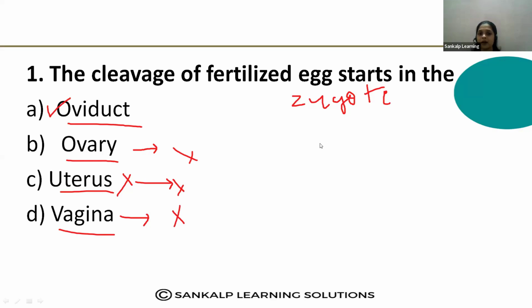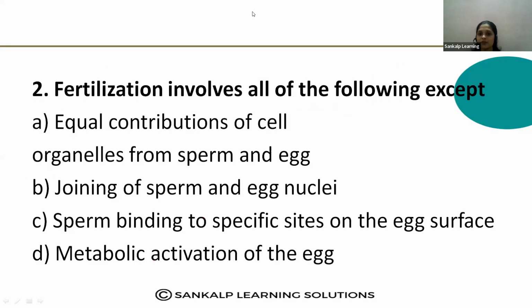Second question. Fertilization involves all of the following except. Option A, equal contributions of cell organelles from sperm and egg. Second option, joining of the sperm and egg nuclei.